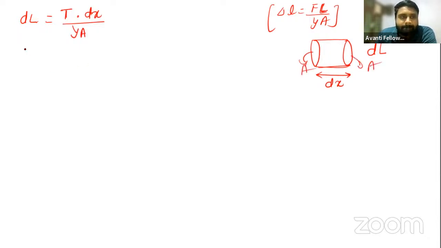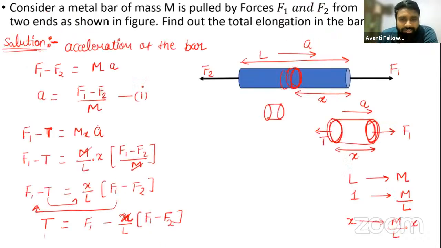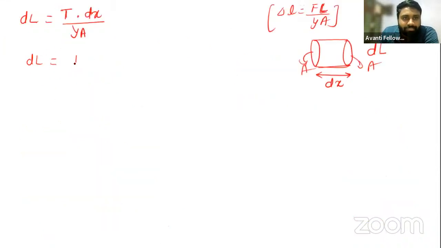Now dl, this is not driving license. This is dl, the differential elongation in the bar. The tension we have already calculated, which is F1 minus x upon L into F1 minus F2.